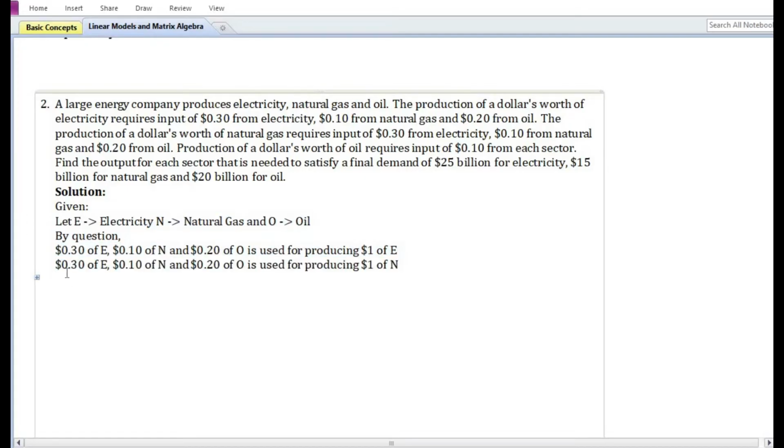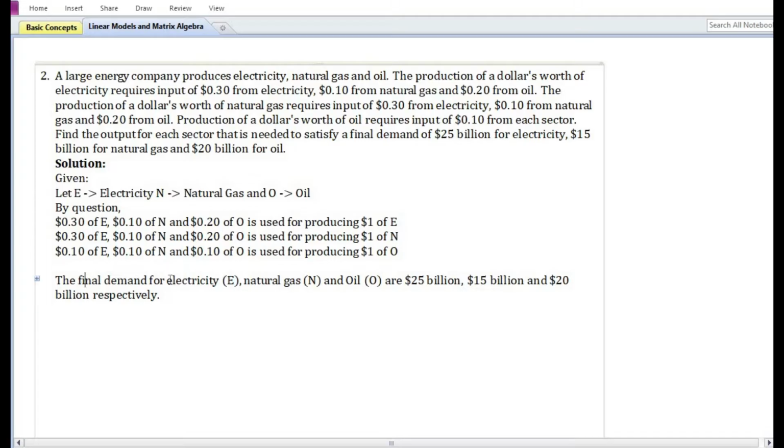Also, $0.30 of electricity, $0.10 of natural gas and $0.20 of oil is used for producing $1 worth of natural gas. Again, $0.10 of electricity, $0.10 of natural gas and $0.10 of oil is used for producing $1 worth of oil.